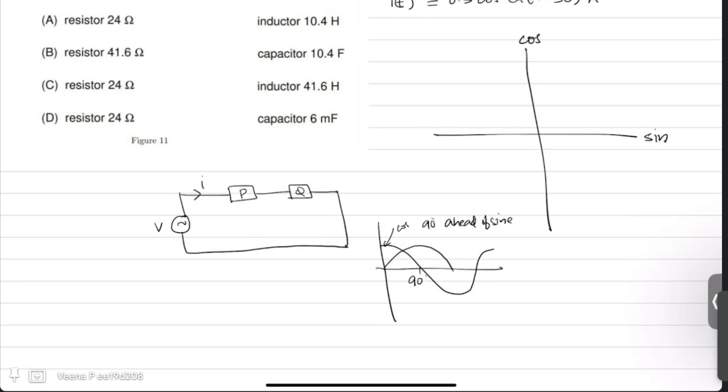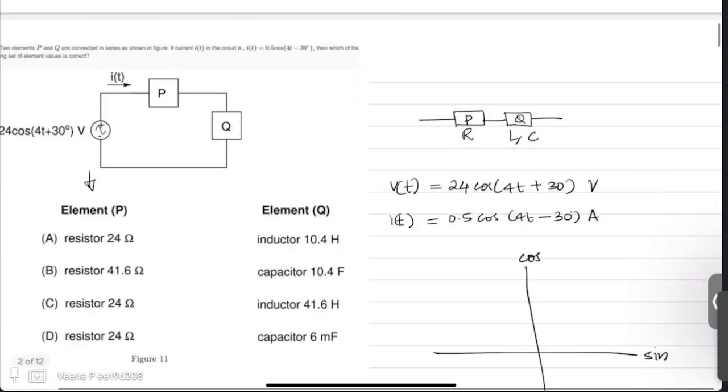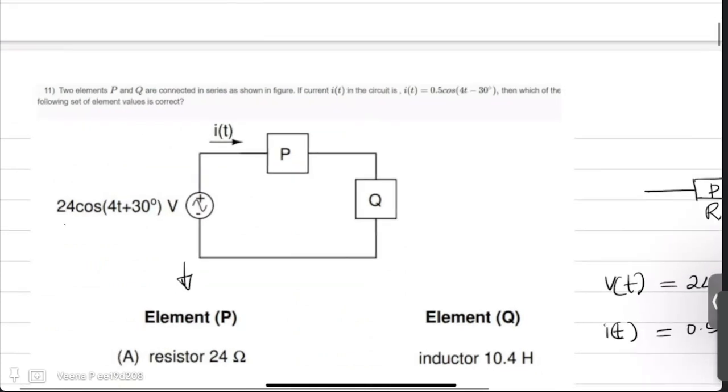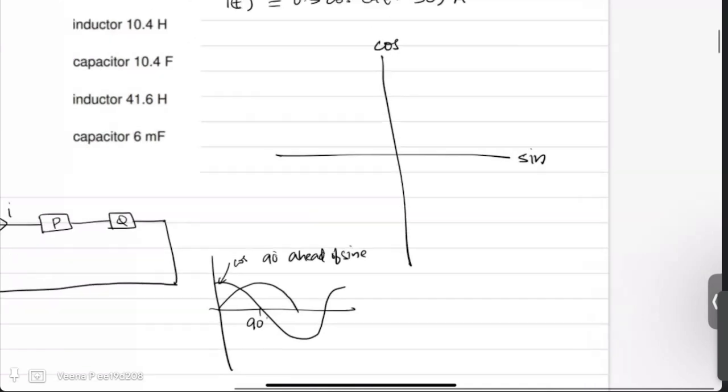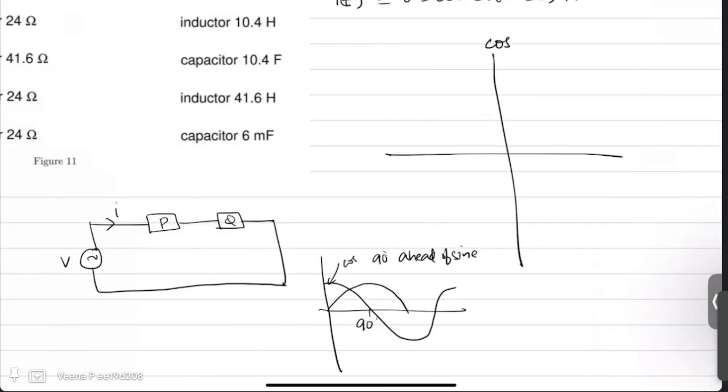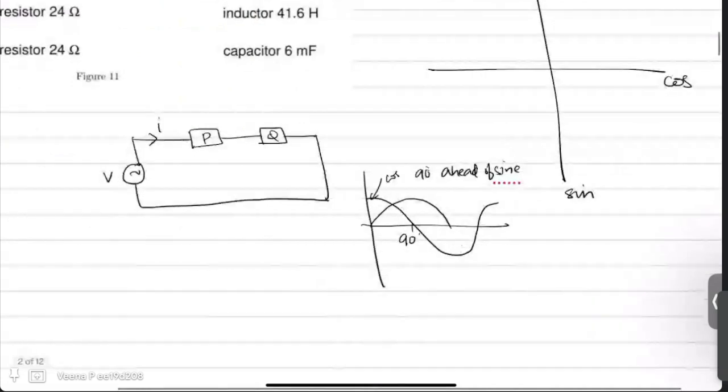Keeping this in mind, in the given problem the voltage as well as current are given in cos. So you can choose the reference frame as cos. So I am choosing the reference frame, which is my x-axis, as cos. So your sine will come on the minus y-axis.